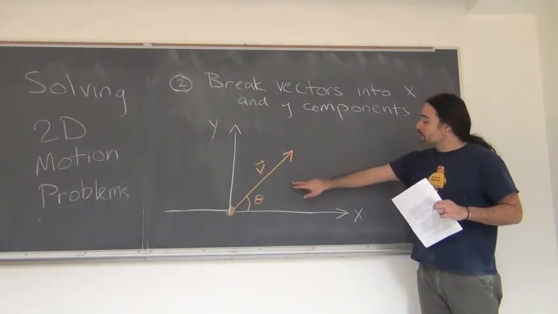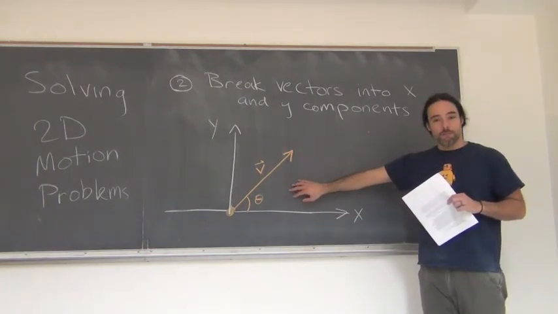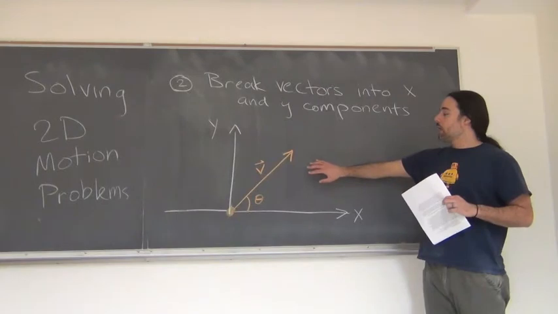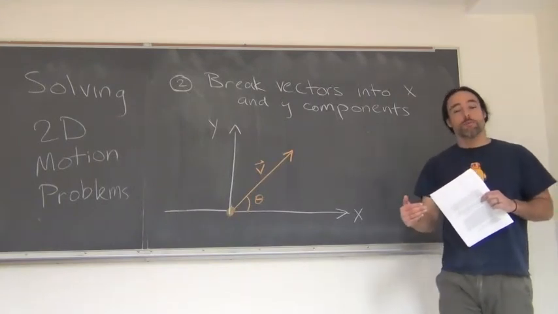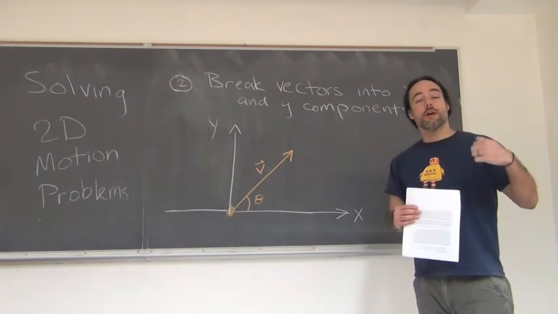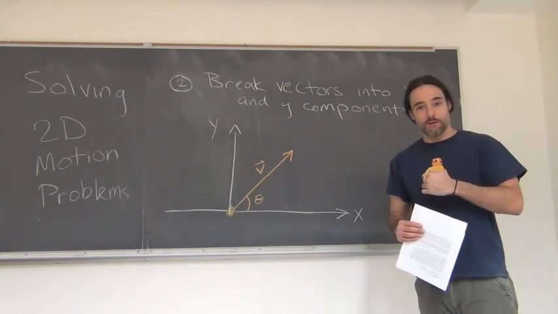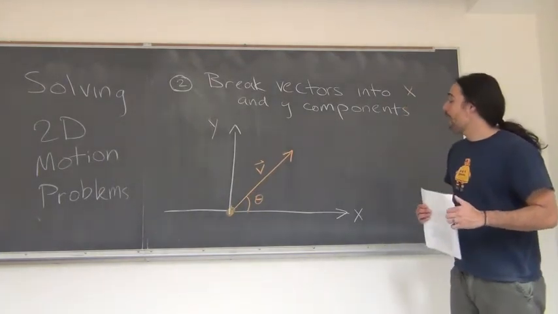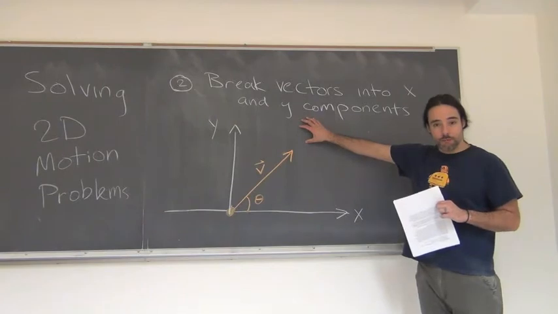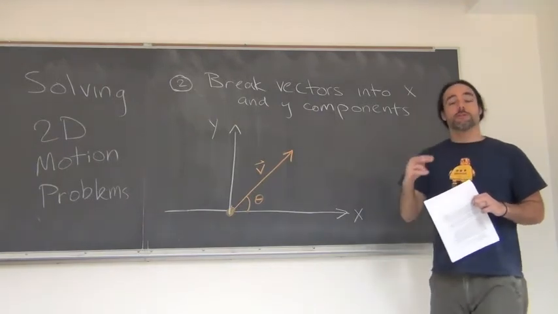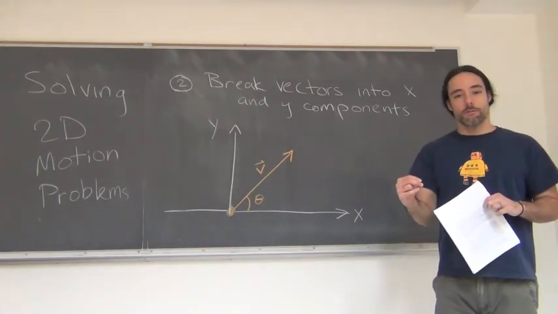So what we need to do to solve this problem is convert it to a one-dimensional motion problem. We know how to solve problems in one dimension. What I can do with two-dimensional motion problems is convert them into two one-dimensional motion problems.